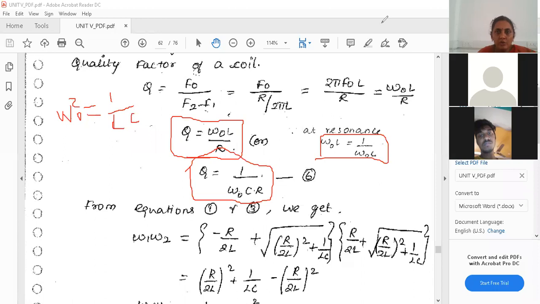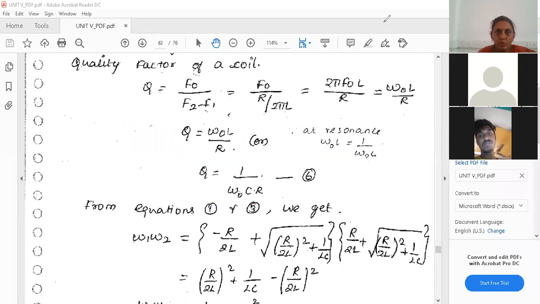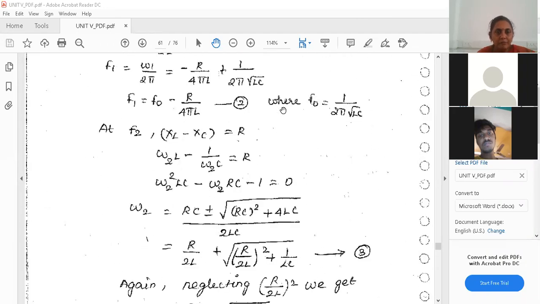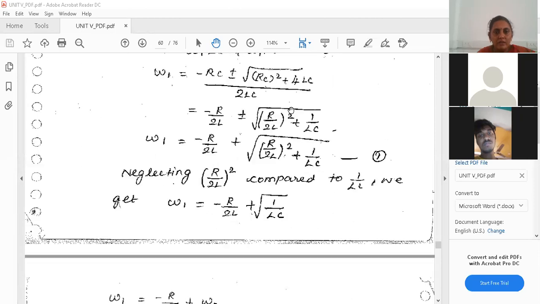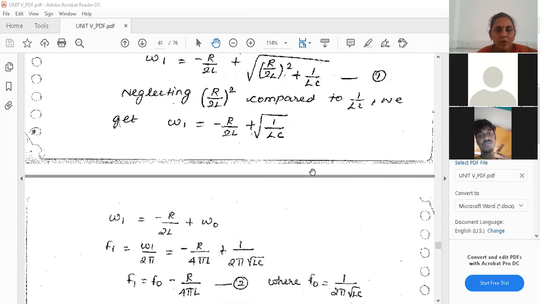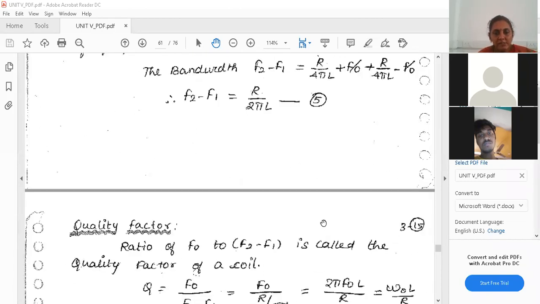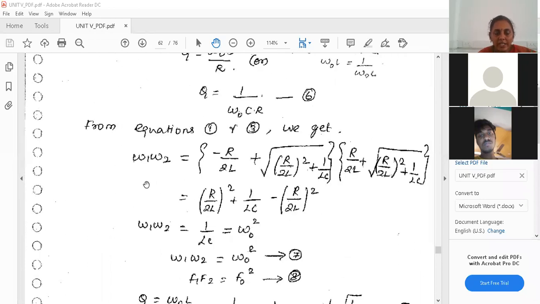Now, from equations 1 and 3, what is 1? I will go to the first equation. By comparing both, I can make a product of omega 1 value and omega 2 value.